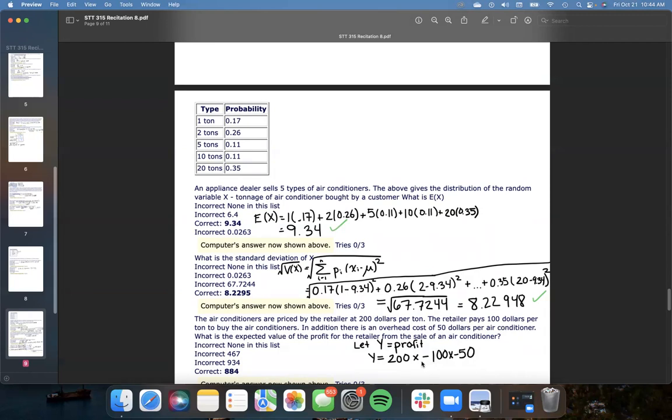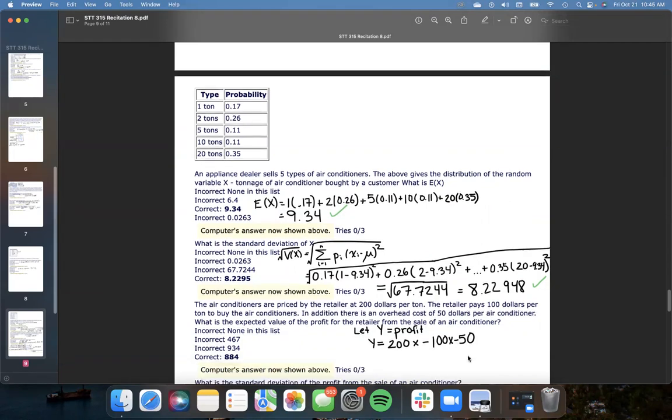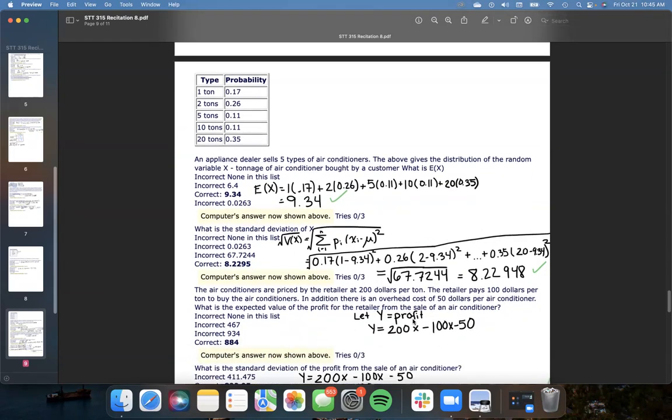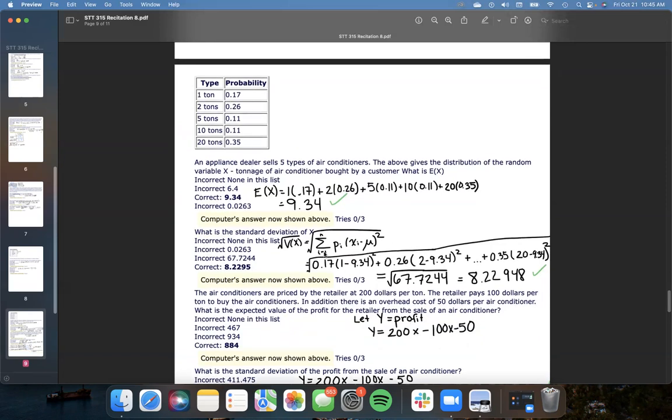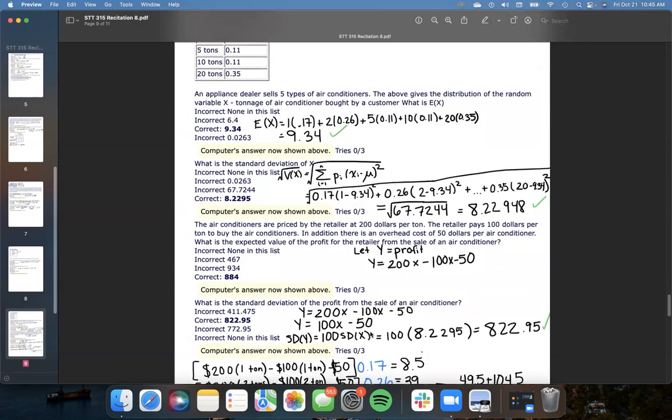Sorry, did I say per air conditioner earlier? I meant per ton. So we have 200x and then minus 100x, because that's how much the retailer has to pay. And then there's also overhead costs, so we also are going to just subtract 50. So we need to go through and do this for every x that we have.